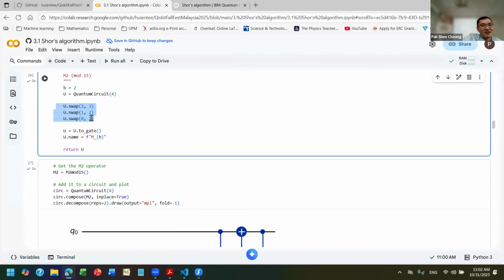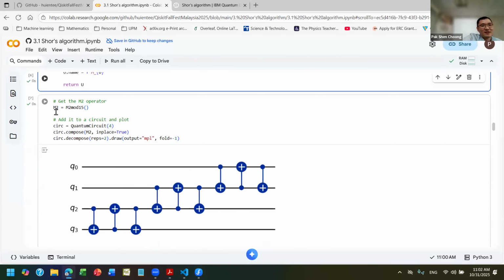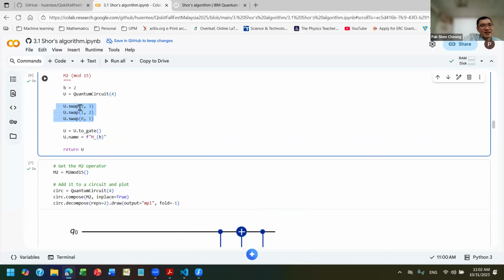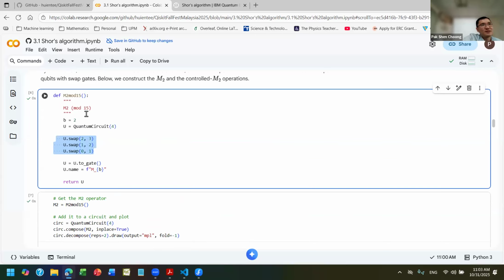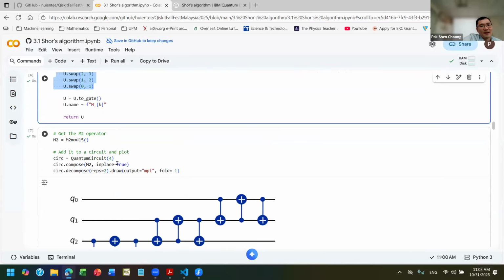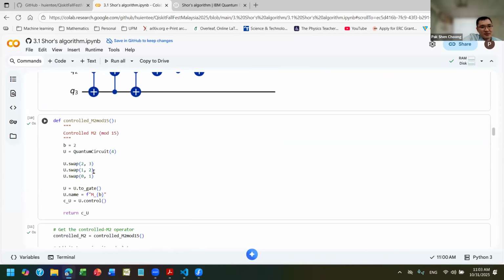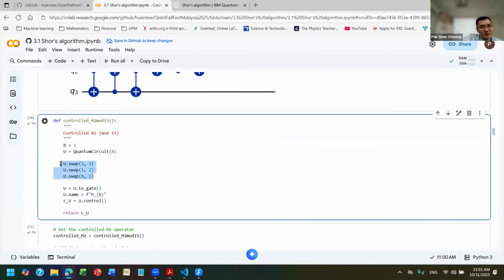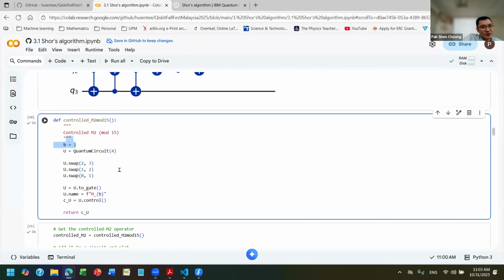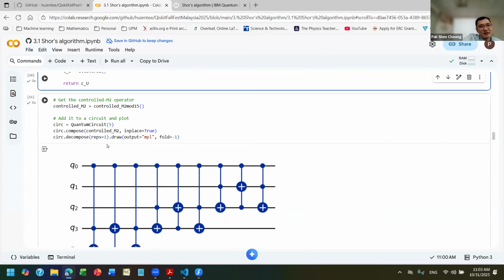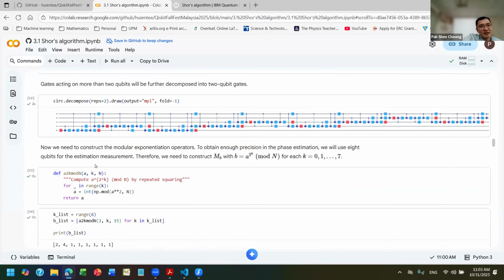You need to identify all the permutations for, let's say if you want to do 7, that's the first thing you need to modify. Plot out the circuit is fine. Control circuit, this one you have to change, this one you have to change. Then this one is fine, this one is fine.